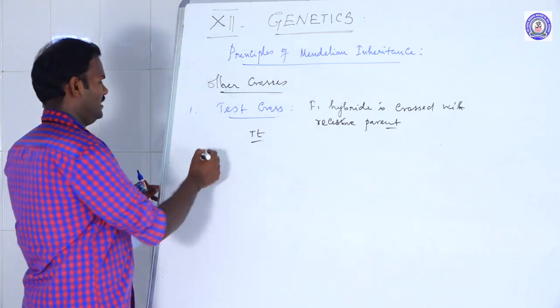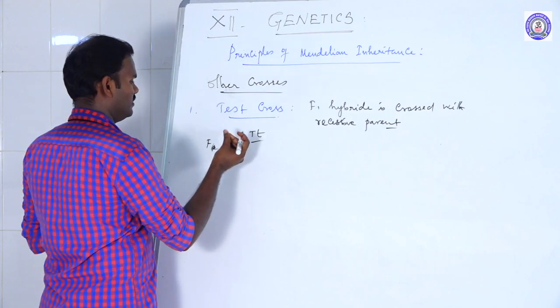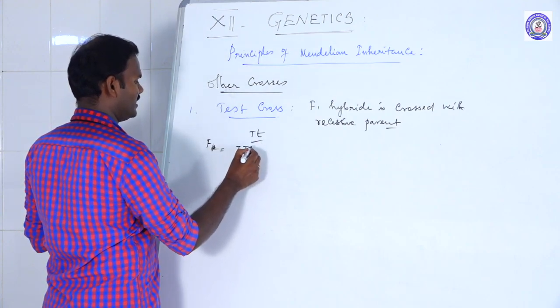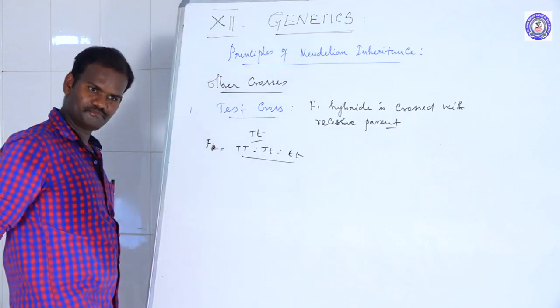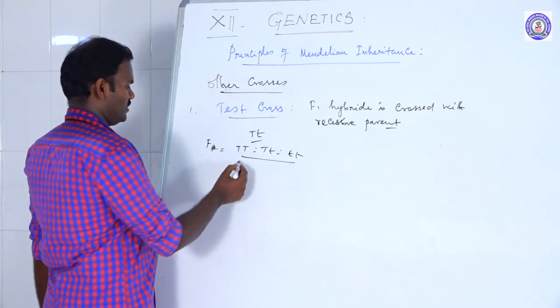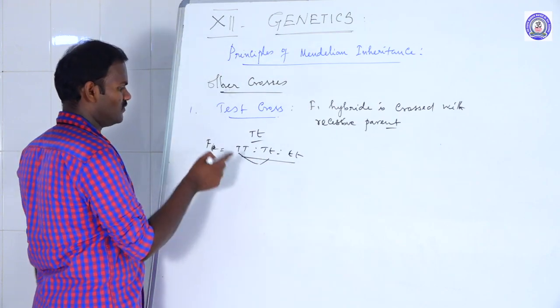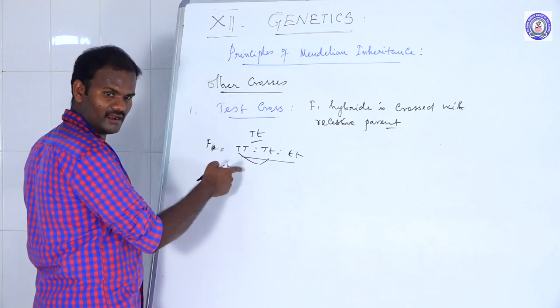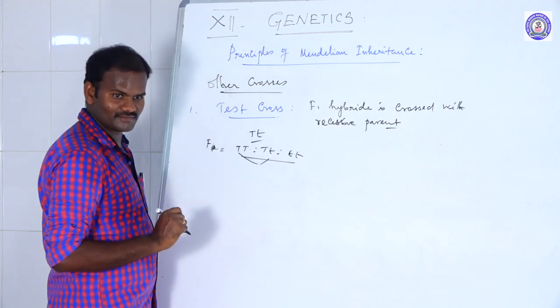In the F2 generation, Mendel obtained capital T capital T, capital T small t, and small t small t. But these are dominant. Capital T capital T is responsible for controlling the dominant character, tall. Capital T small t also controls tall.